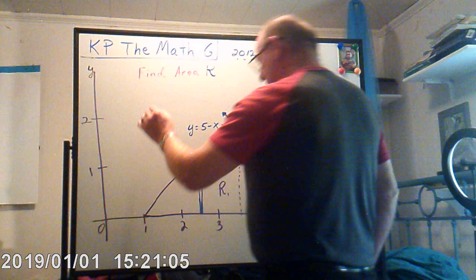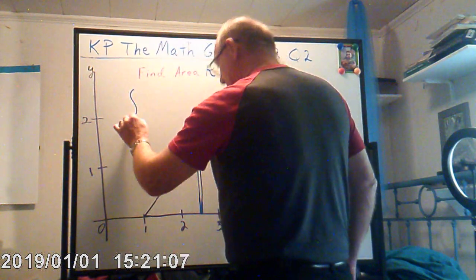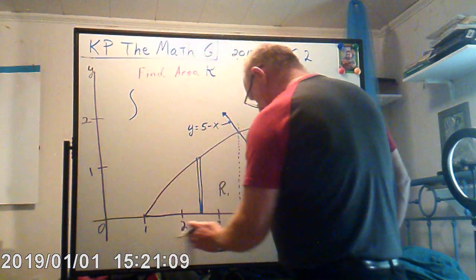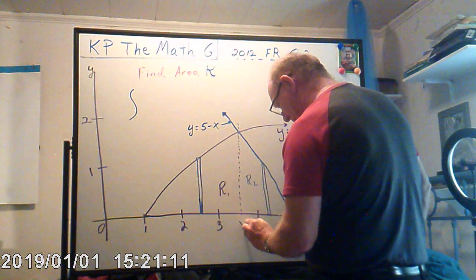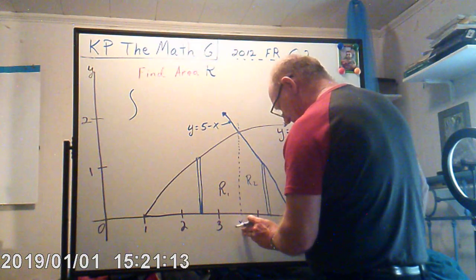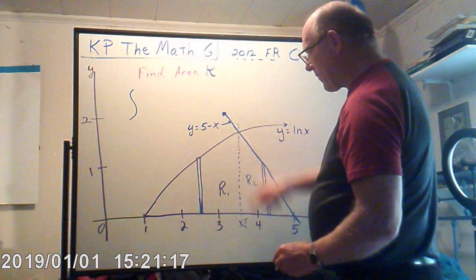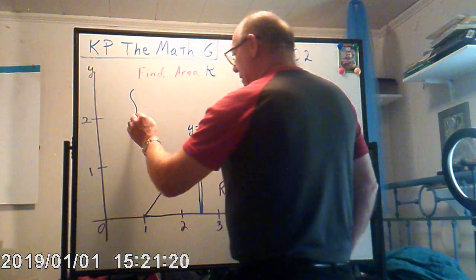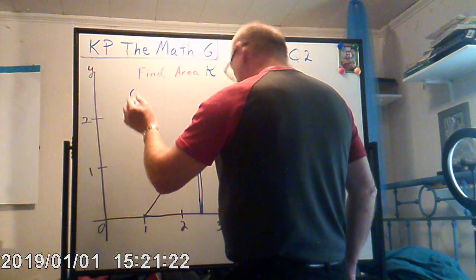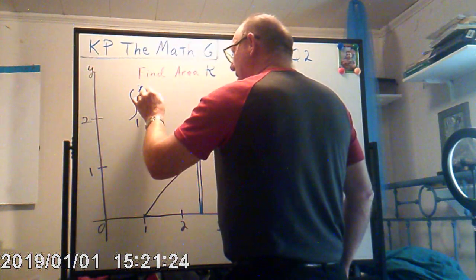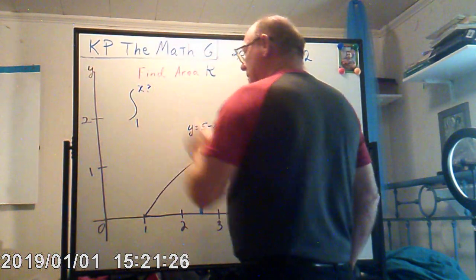But the question is where to go from. We know to start from 1, but what is this x value right there? So we have to go from 1 to whatever this x value is.